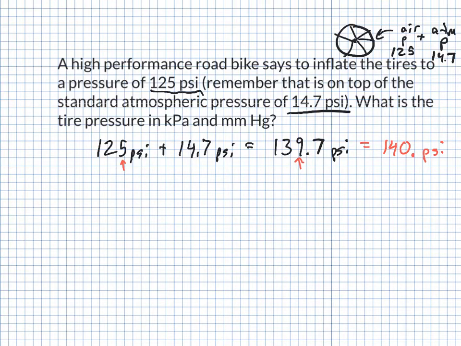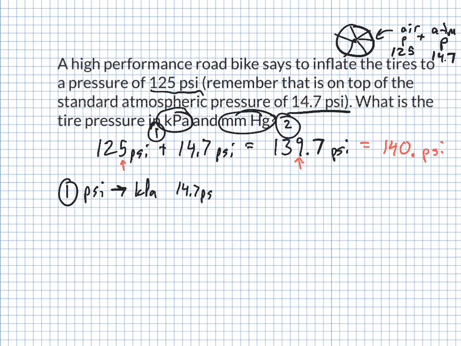And I need to convert that pressure to kPa and millimeters of mercury. So again, one problem, two problems. So for the first one, I'm going from psi to kPa, which means 14.7 psi equals 101.3 kPa. So I'm going to start off with my 140 point psi.